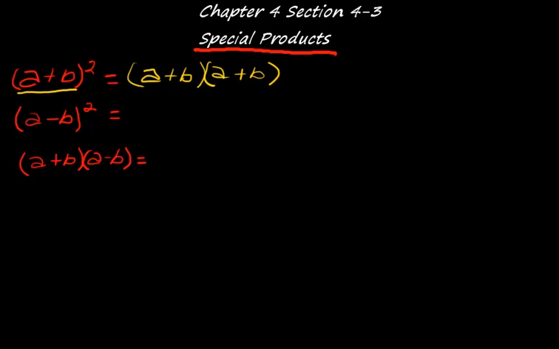This expression is a minus b times itself, and this expression is the variation. If these are both positive up here and these are both negative, then let's take one of them positive and one of them negative.